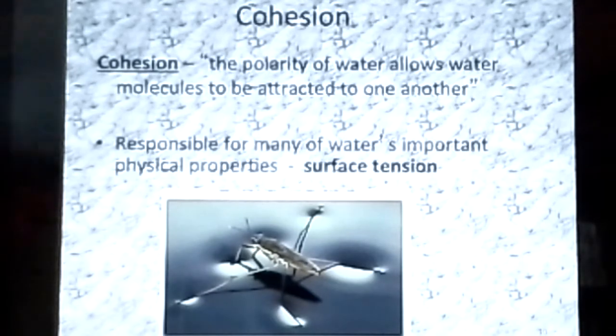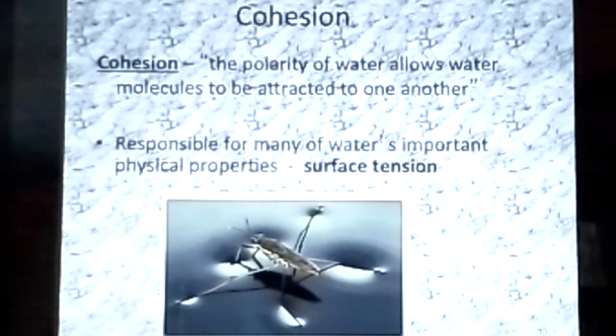The last couple of properties we're going to talk about are cohesion and adhesion. Cohesion is water molecules attaching to one another. That would be the positive hydrogen attaching to the negative oxygen. What this does is create one thing that we know for sure and we see a lot, which is called surface tension.